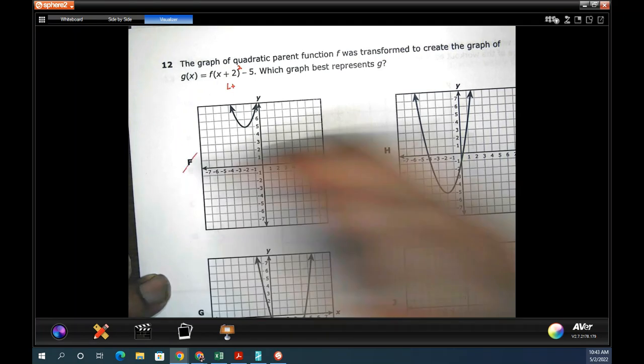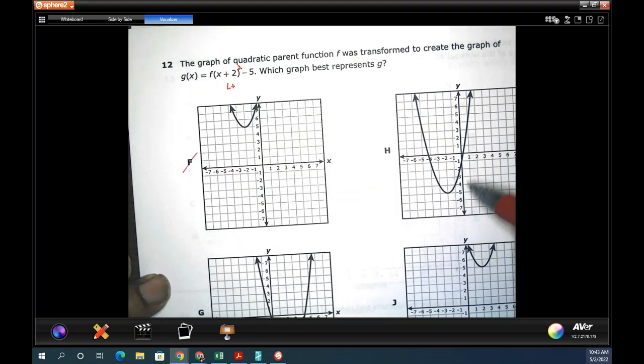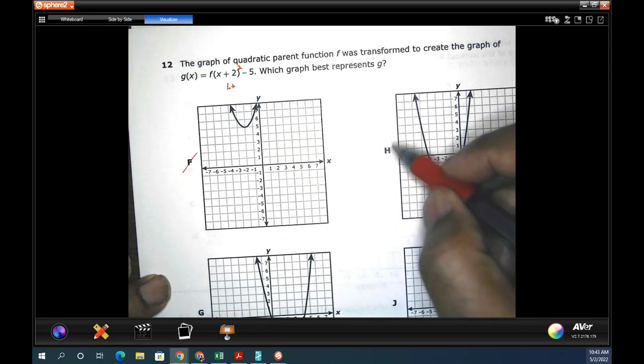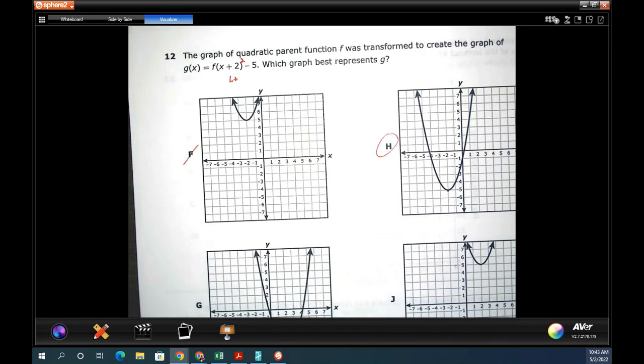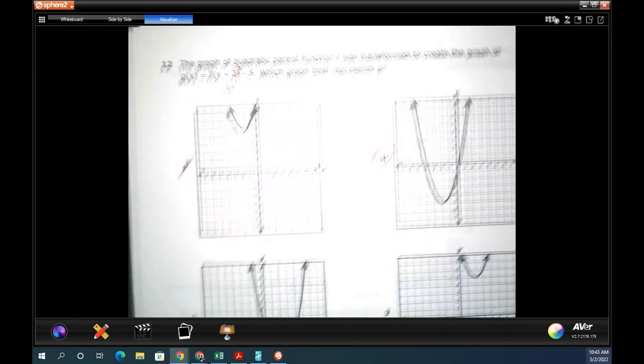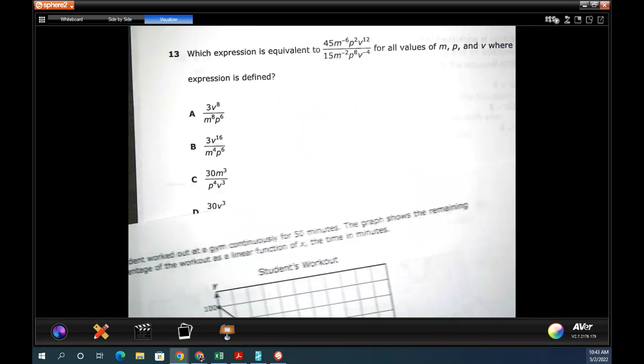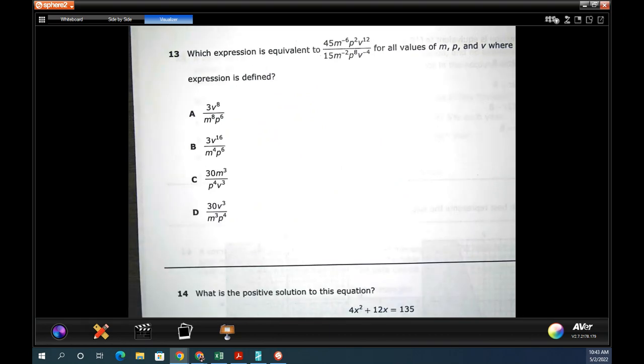That's not it. This one went left 2 and down how many? 5. There's your answer right there. Anybody put it in their calculator? Did it match up? Yep. Okay. We've done that.